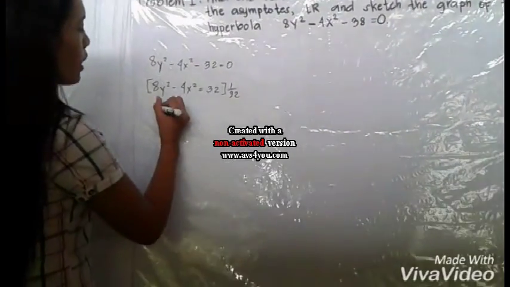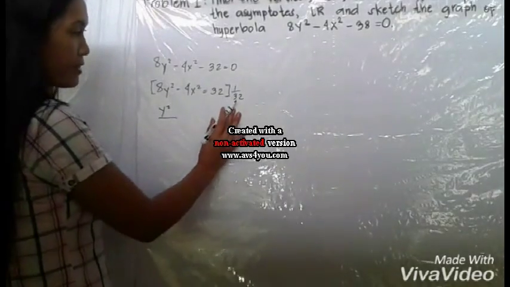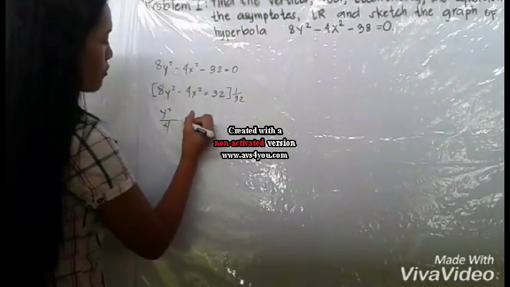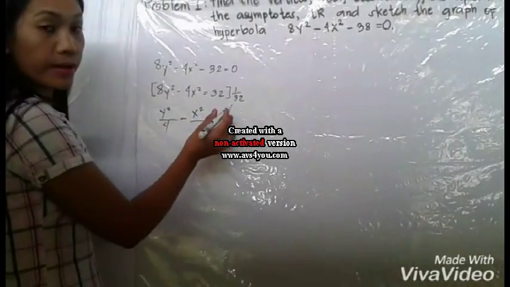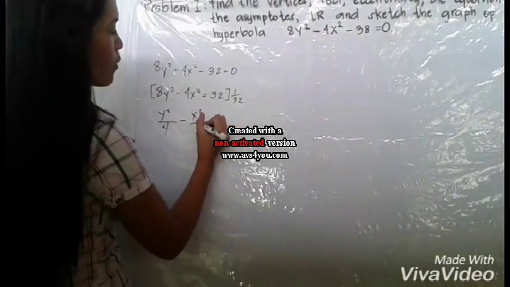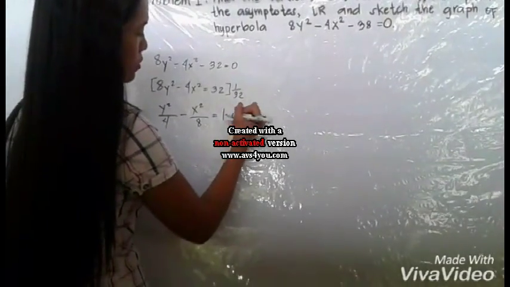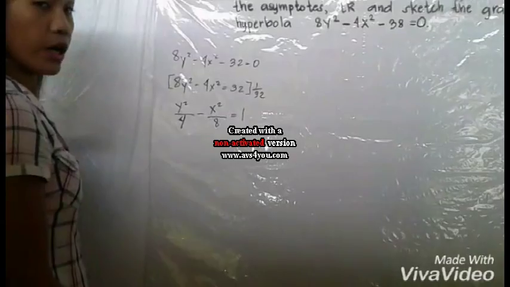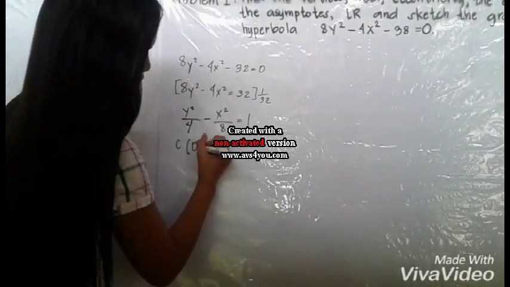So we have y squared over 4 minus x squared over 8 equal to 1. So we have now the center at the origin (0, 0).